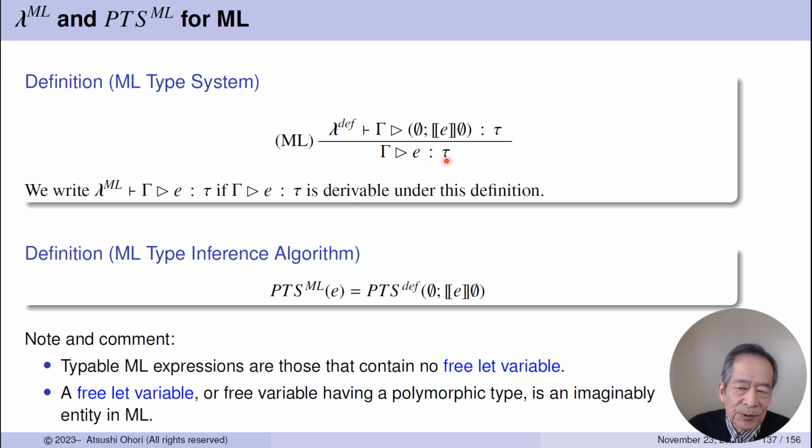It's a meta-level type system by the composition of the lambda lifting transformation and the top-level type system, the top-level let definition type system. And similarly, the ML type inference algorithm is simply this one, so PTS ML of E is just to delegate this E first to this lambda lifting transformation and make this term, and then give it to this PTS def.